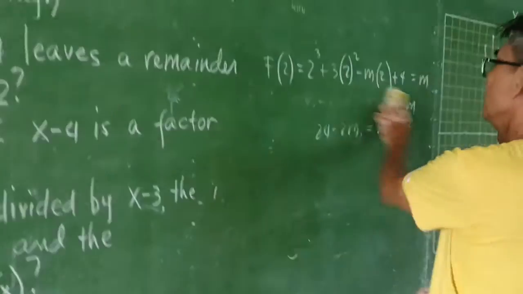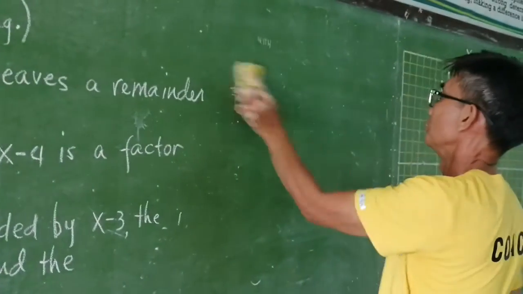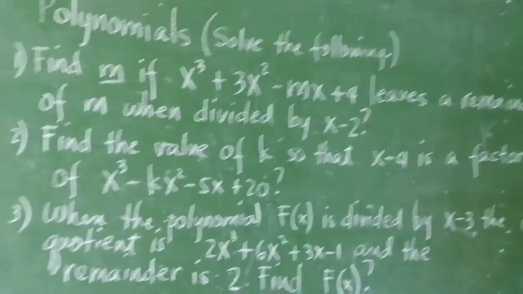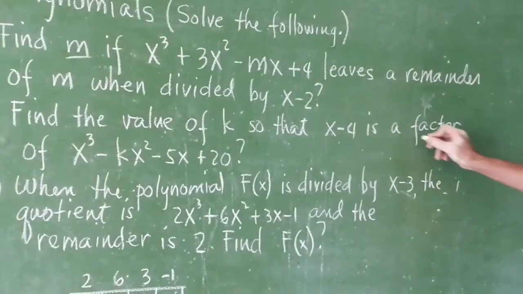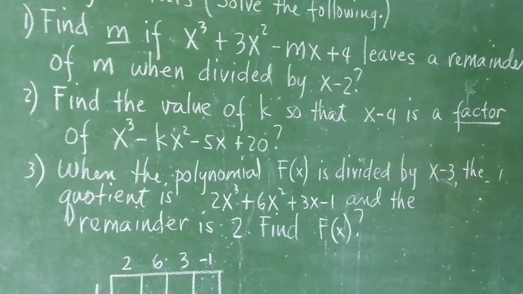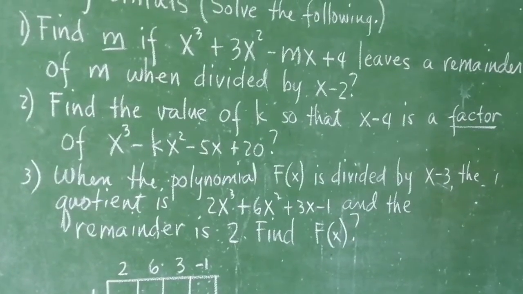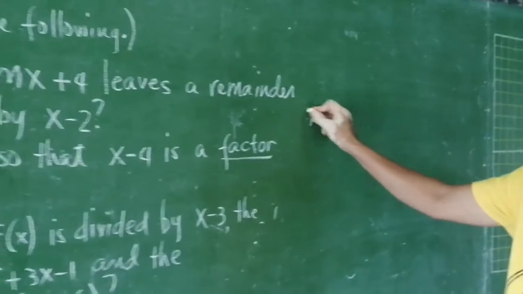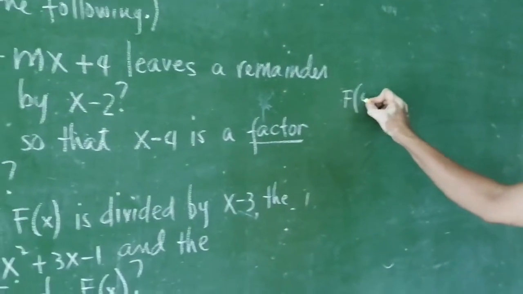Shall we do number 2? Find the value of k so that x minus 4 is a factor of x cubed minus kx squared minus 5x plus 20. So substitution also, we will have f at 4.